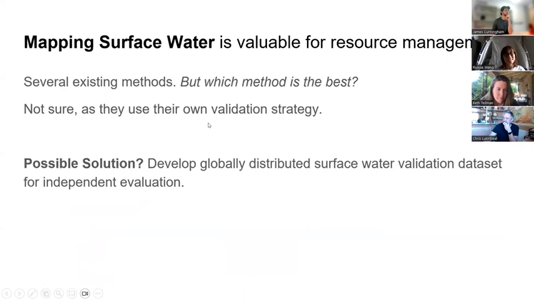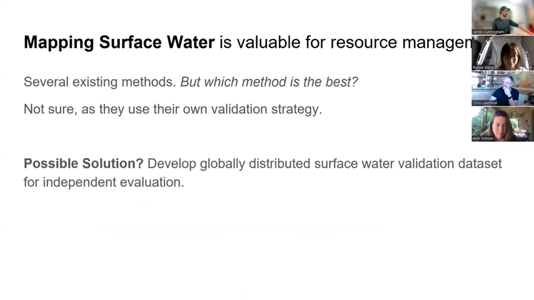Managing surface water is really important for resource management. There are several existing methods, but we don't know which method is the best because most of them are using their own validation strategy.